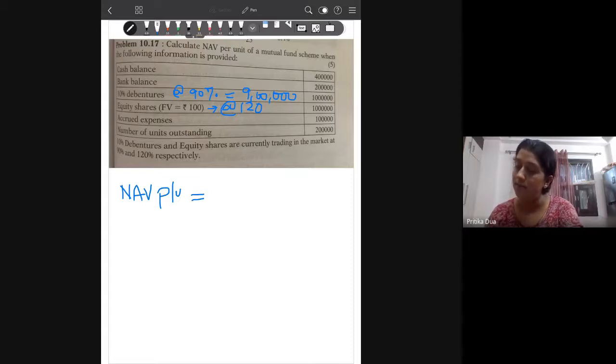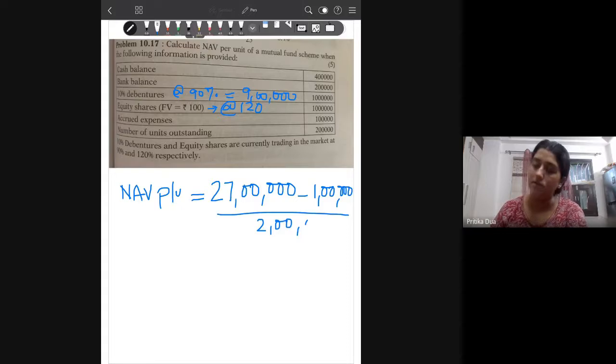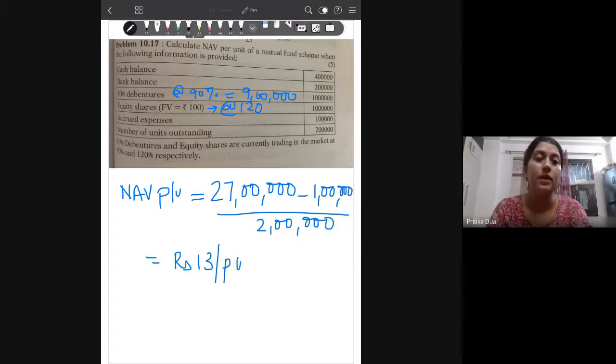So 27 lakh, minus 1 lakh of liabilities. Yes, Madhav, you will get the value as 26 lakh, and the number of units outstanding would be 2 lakh. So this would give you the NAV per unit as rupees 13. So you need to consider the cash holding and the bank balance as an asset of the mutual fund.